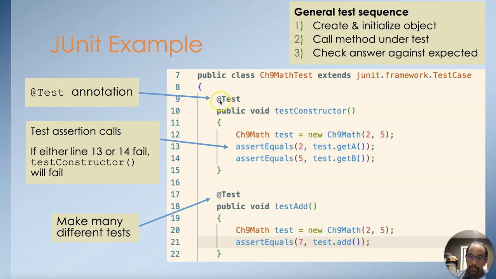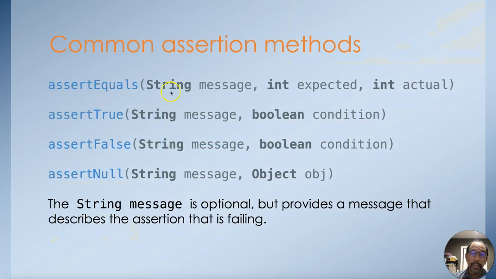I could have multiple of these tests. I can create as many methods as I want. I just annotate them with this @test annotation. Now, there are many different assertion methods. I showed you the assert equals. There's also an assert true, so that if this condition is true, it will pass. I have an assert false, which is saying that I expect this condition to be false.